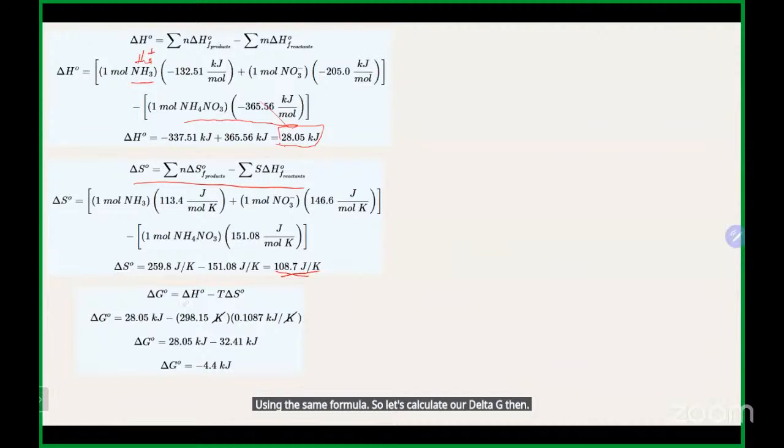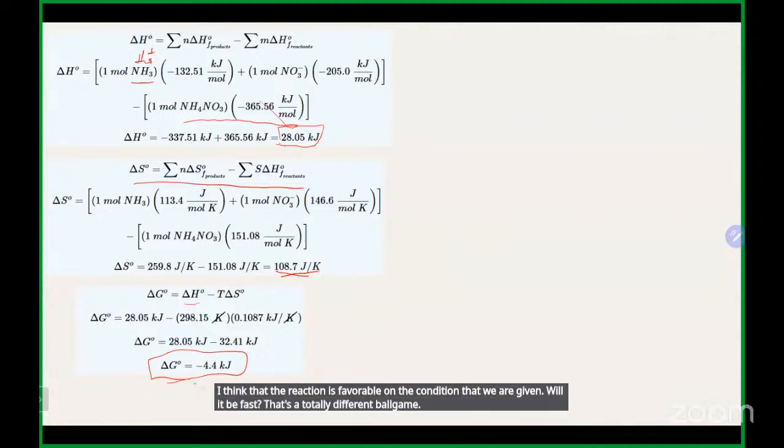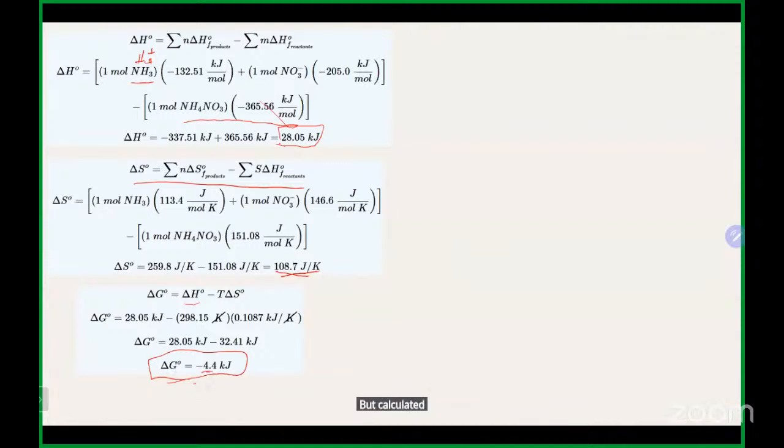Delta G is delta H minus T delta S. So what do we say? I think that the reaction is favorable under the conditions we are given. Will it be fast? That's a totally different ballgame. But if the calculated delta G is negative, then it will be favorable.